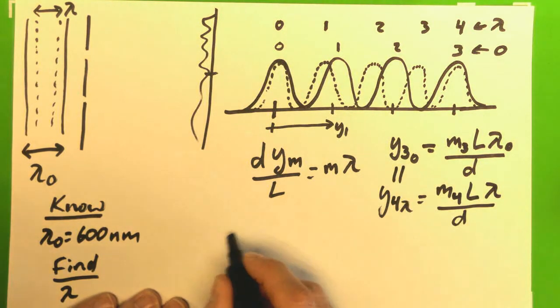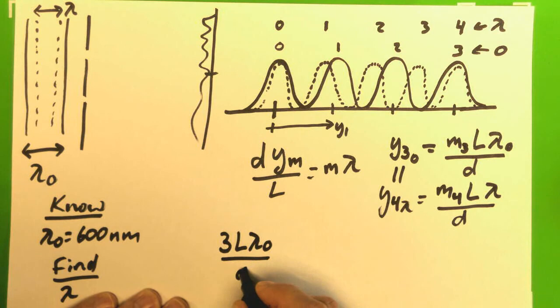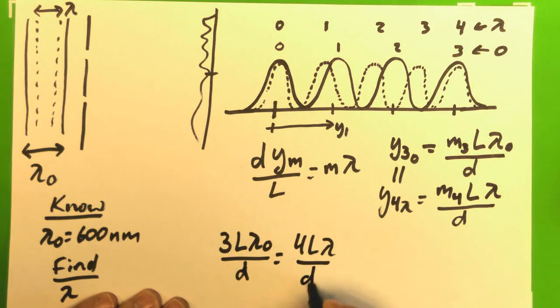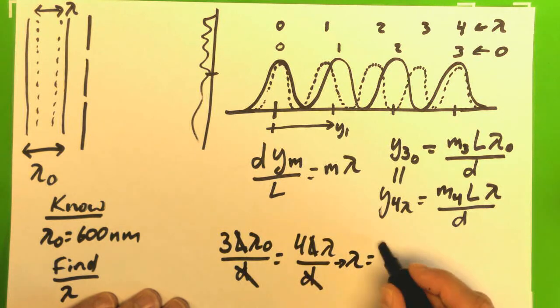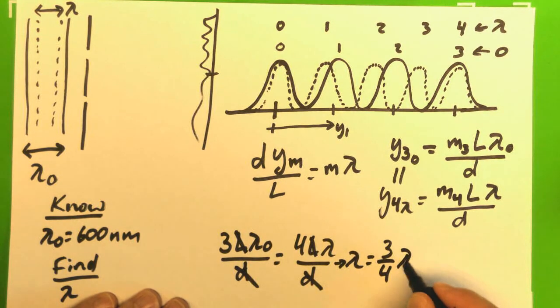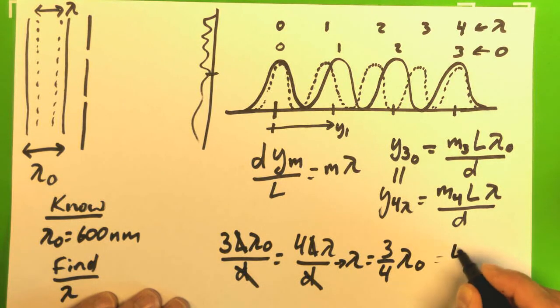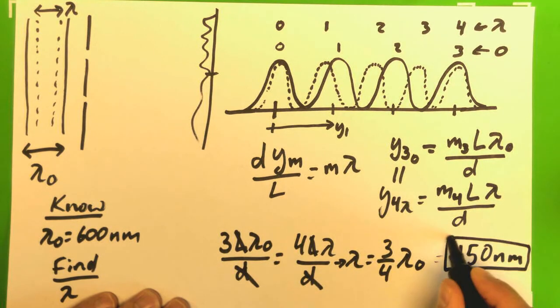So I plug in my 3 now: 3L lambda O over D equals 4L lambda, my unknown one, over D. The things that are the same are the distance to the screen and the slit separation, so the unknown lambda is equal to 3/4 times lambda of orange. Since lambda of orange is 600, 3/4 of 600 is 450. So that's 450 nanometers.